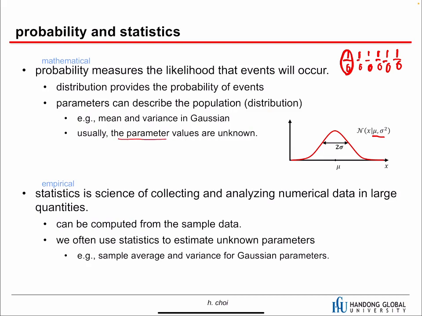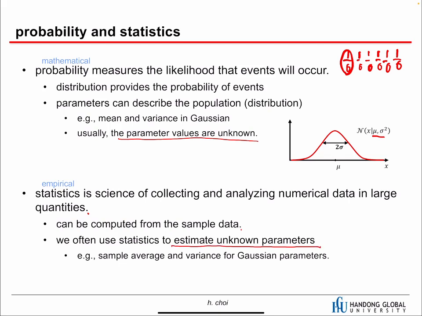And usually the parameters are unknown. And statistics is the science of collecting and analyzing numerical data in large quantities. So when we talk about data, then pretty much we are going to talk about statistics. And it can be computed from the sample data. And we often use statistics to estimate unknown parameters.